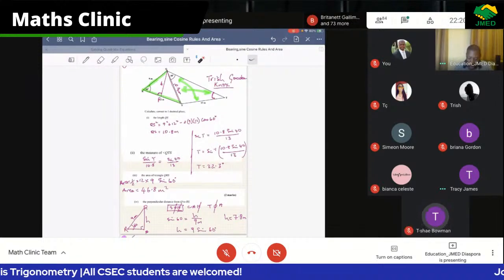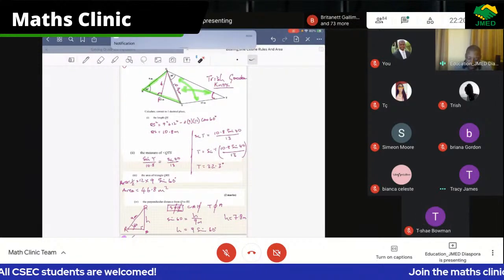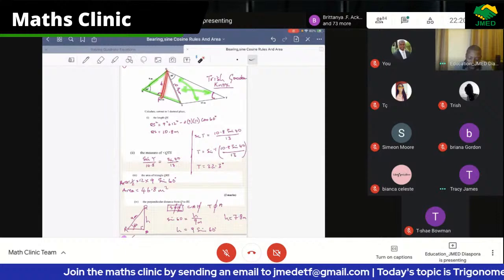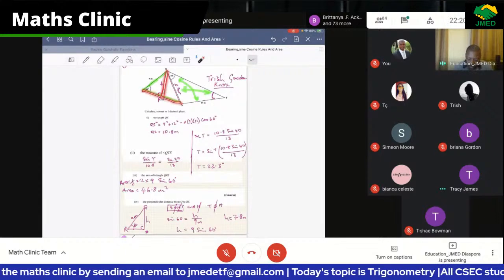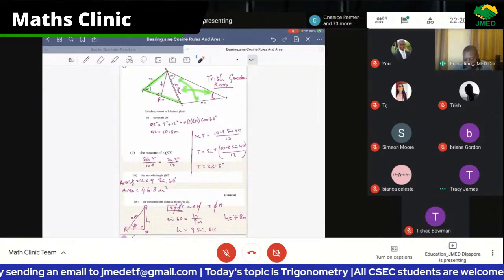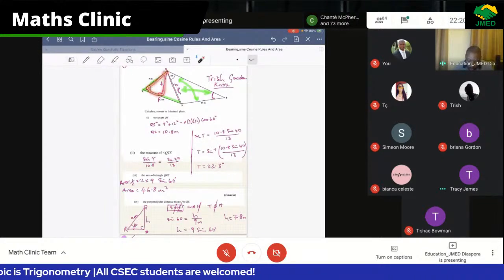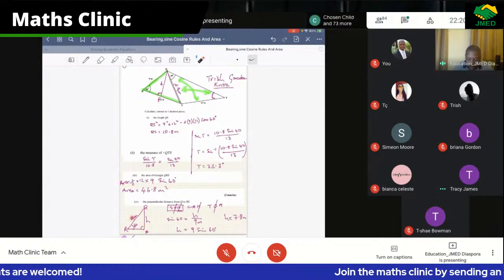Okay. So what you notice here is that we had a right angle triangle, because they asked us to draw a perpendicular from Q to meet RS. So what I did was to redraw that, taking out this portion alone, which is a right angle triangle with 60 degrees and 9 meters.